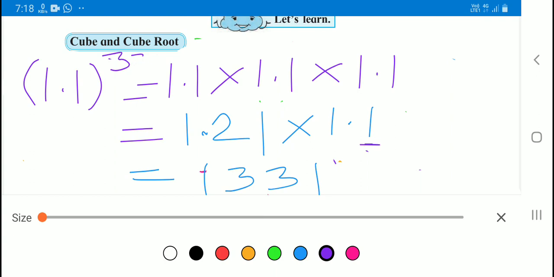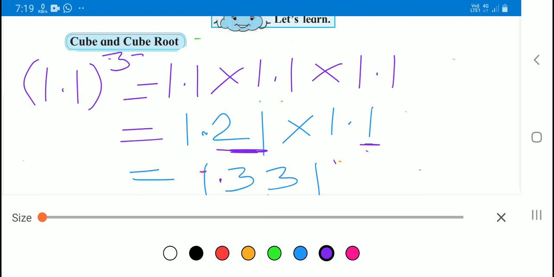Look, this 1 and these two numbers are after point. So we will give the point from unit place to, means which side to? Right side to left. So 1, 2 and 3. So where will you give the point? 1.331. Okay. Like this way, you have to find the cubes of the numbers.